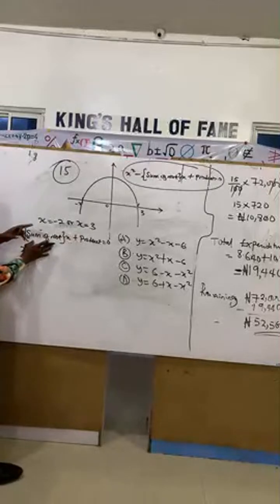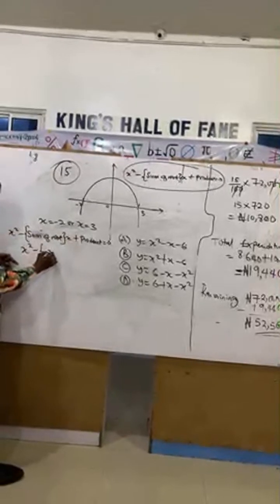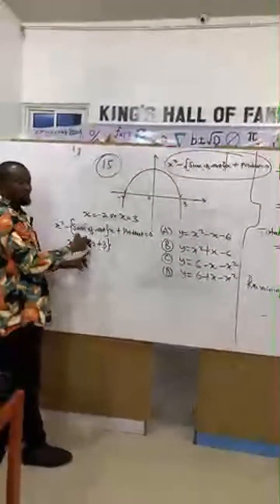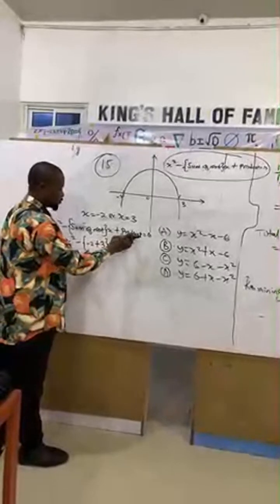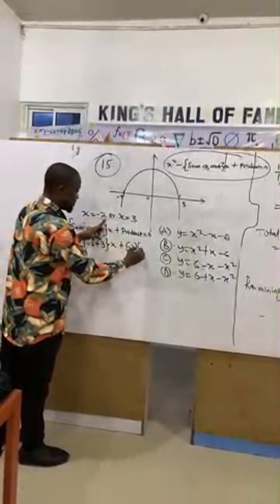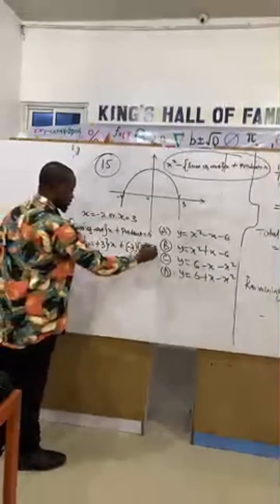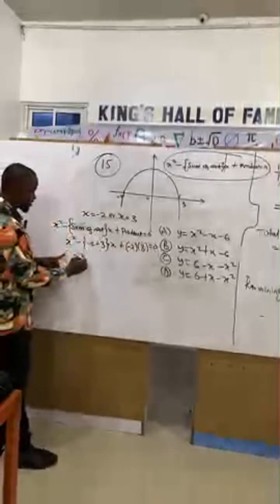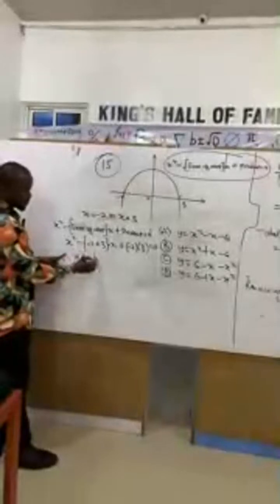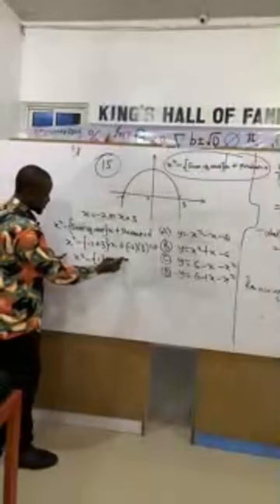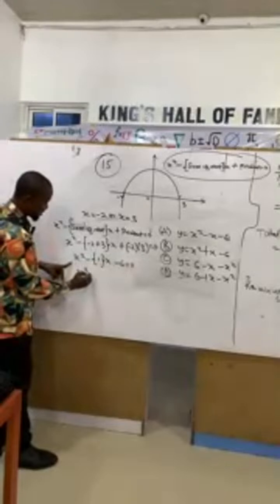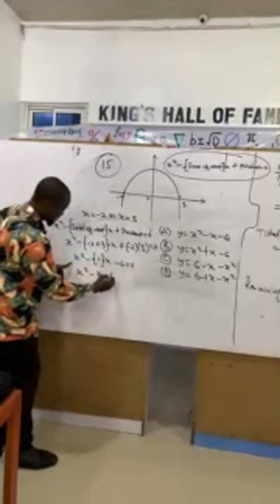So we add minus 2 plus 3, then plus the product, minus 2 multiplied by 3, equals 0. So we have x squared minus 1x minus 6 equals 0. That gives us x squared minus x minus 6 equals 0.